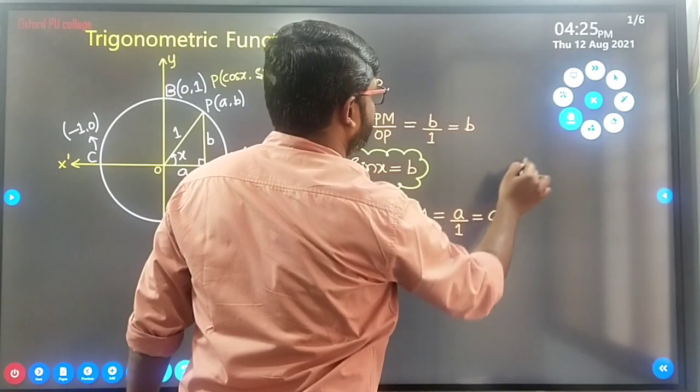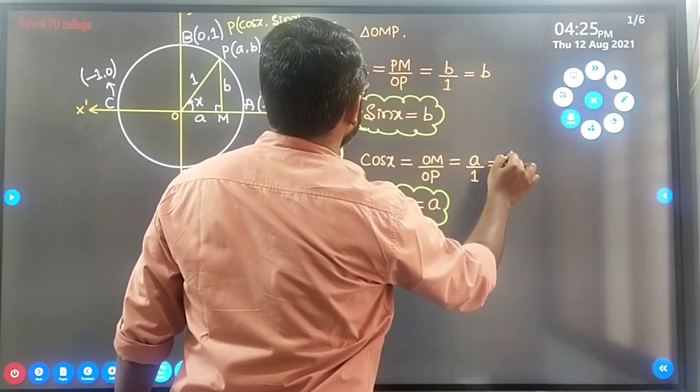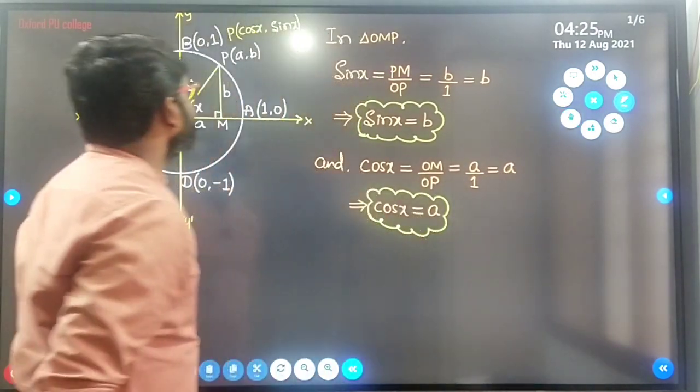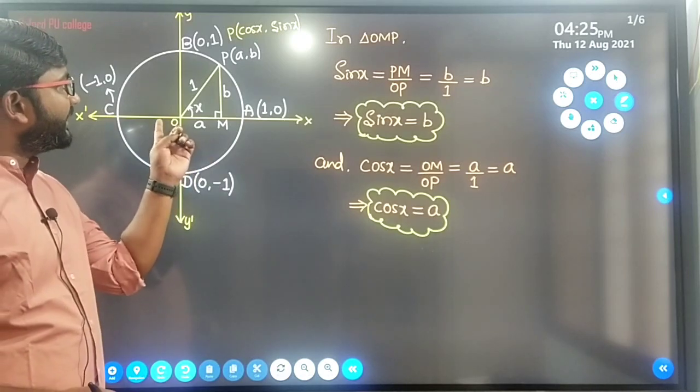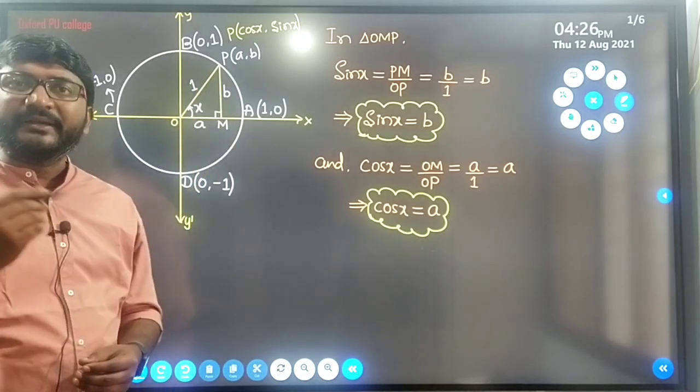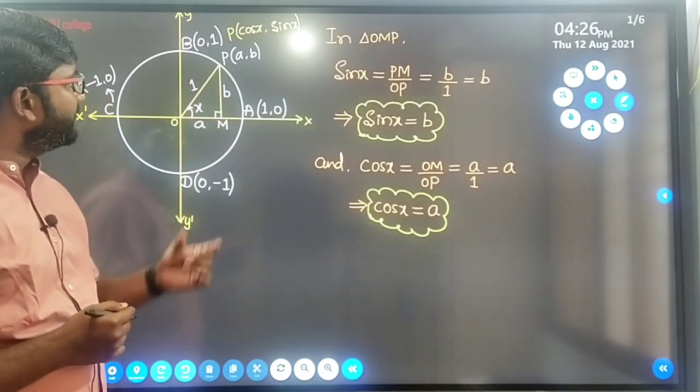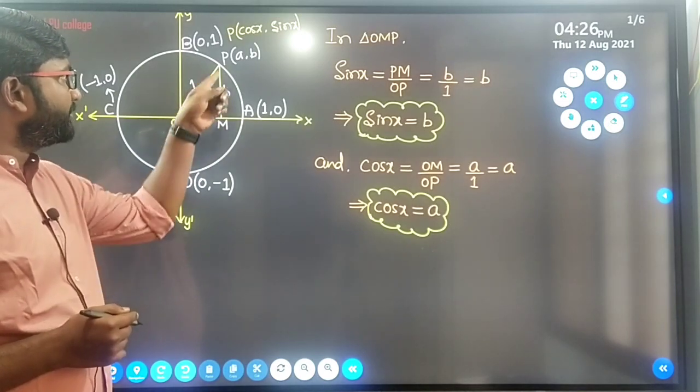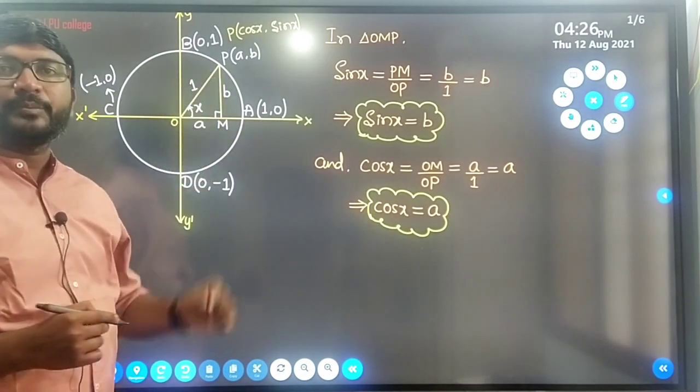Now, in the same triangle OMP, apply the Pythagoras theorem. What do we get? OM square plus MP square is equal to OP square.